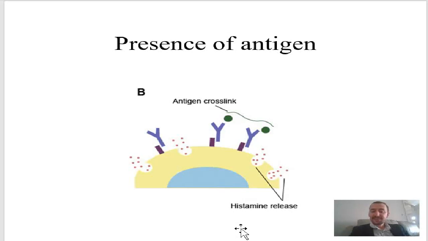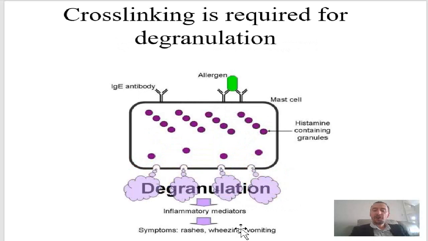It cross-links, and once the antigen bound to the IgE cross-links together, it causes the mast cell to release its granules, and that causes mast cell degranulation, which causes the release of inflammatory mediators, which results in that allergic reaction, for instance, that you would get with peanut allergy.